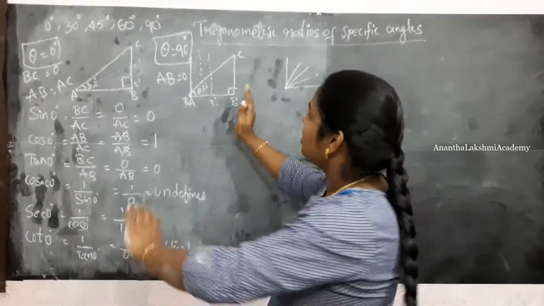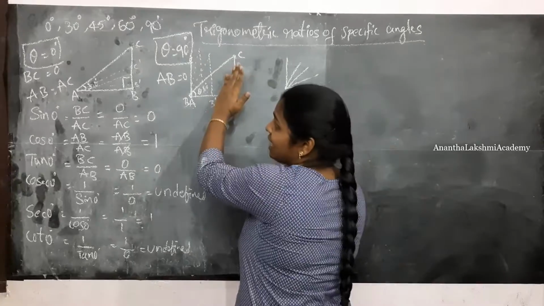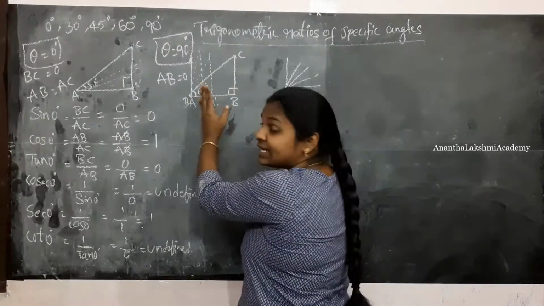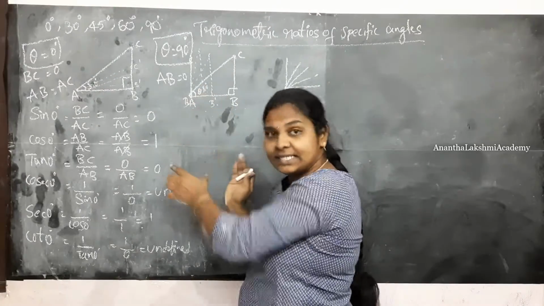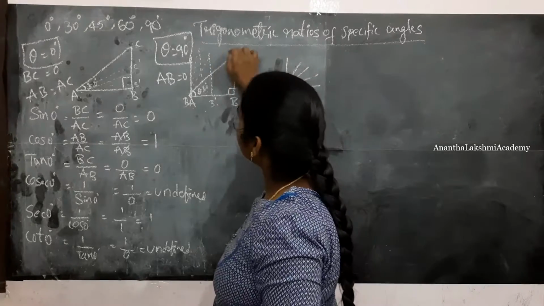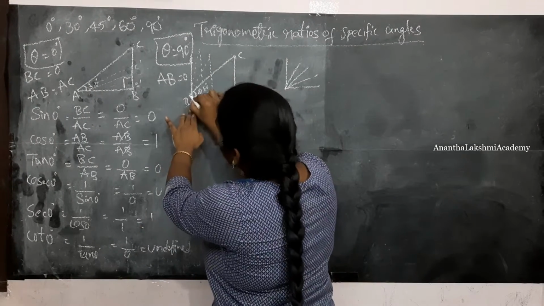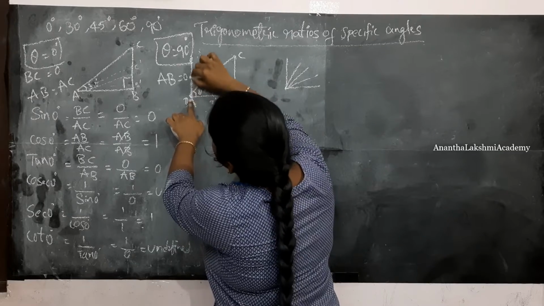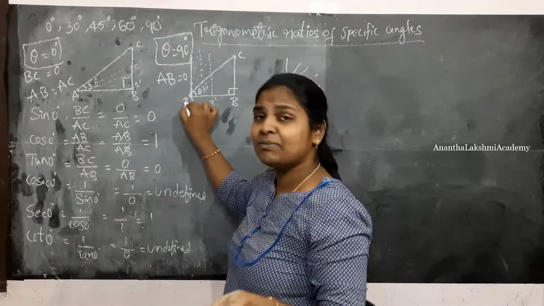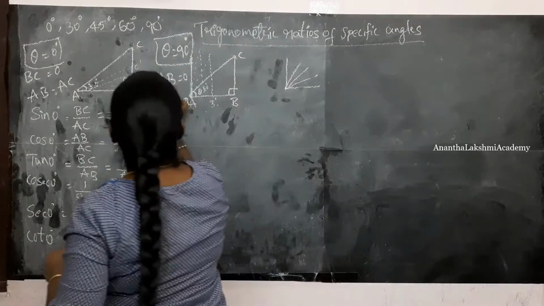So as theta increases gradually, the distance AB decreases in such a way that AB has become 0 when theta has become 90 degrees. So what happens to AC then? Since AB has come here, AC is nothing but BC, because A and B are at the same point. So now AC is equal to BC.